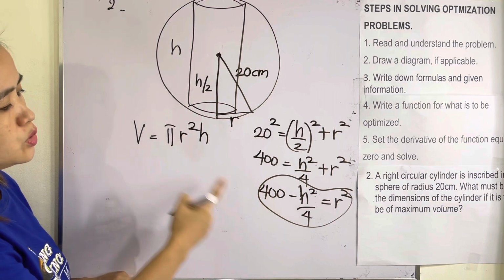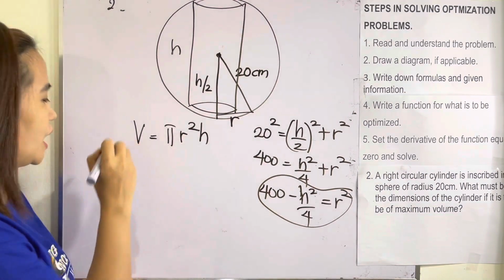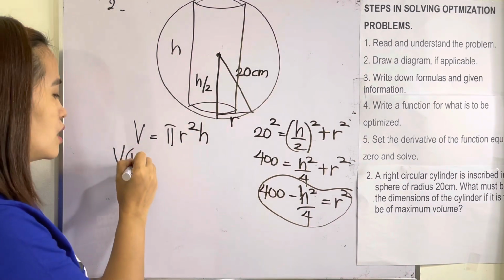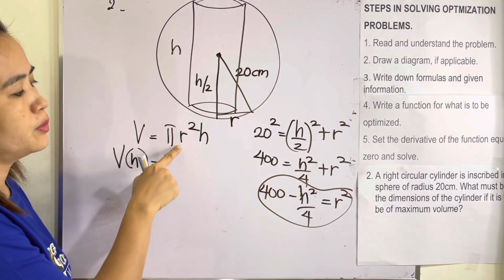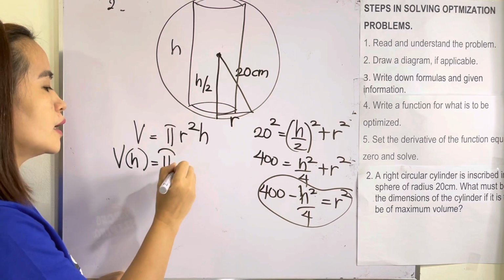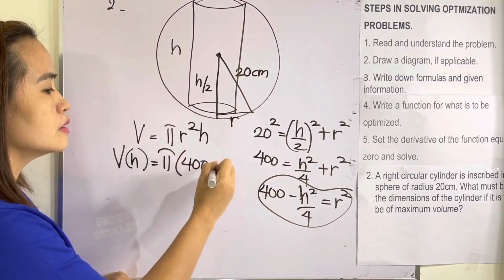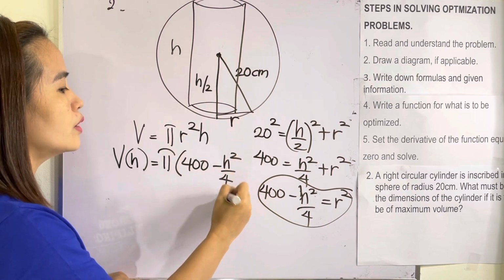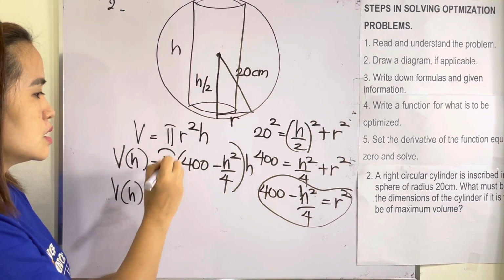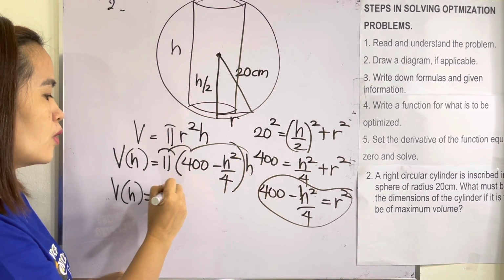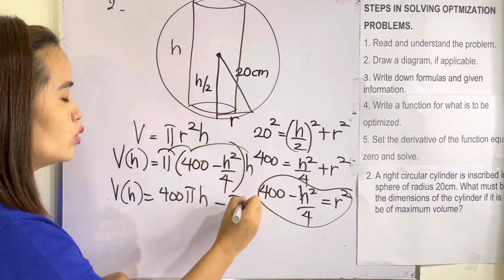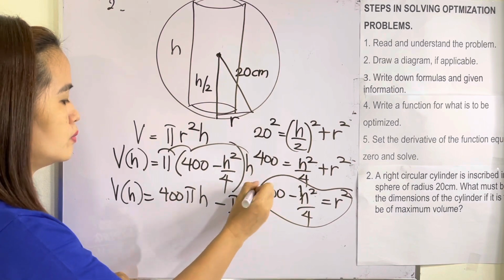I am now ready to substitute it here, and we can name now our domain as dh, because we will be writing r in terms of h. So this is v of h equals pi times 400 minus h squared over 4 times dh. So v of h is equal to 400 pi h minus pi over 4 h cubed.